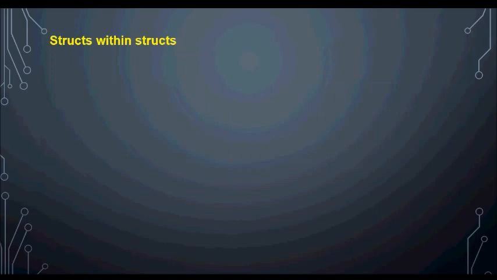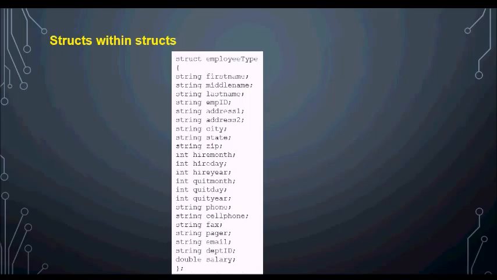Structs within structs. We can also have structs inside structs. If we have a struct like this, it's very long and very time consuming. The memory the computer consumes is greater.